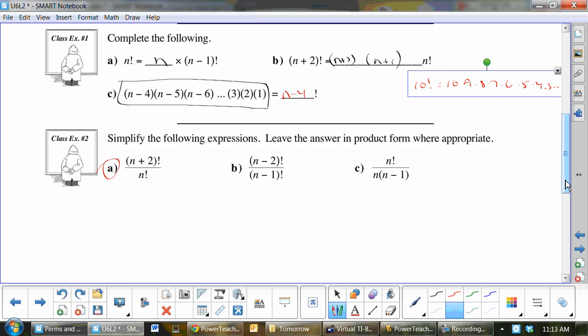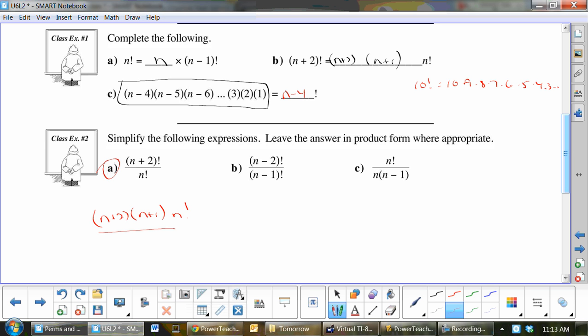Now, one of those, the bigger one, count it down until it looks like the smaller one. Now, what's bigger? N plus 2 factorial, n factorial? N plus 2. So let's count it down. So what is n plus 2 factorial if I count it down? What's the first number? N plus 2, times n plus 1 times n factorial, right?